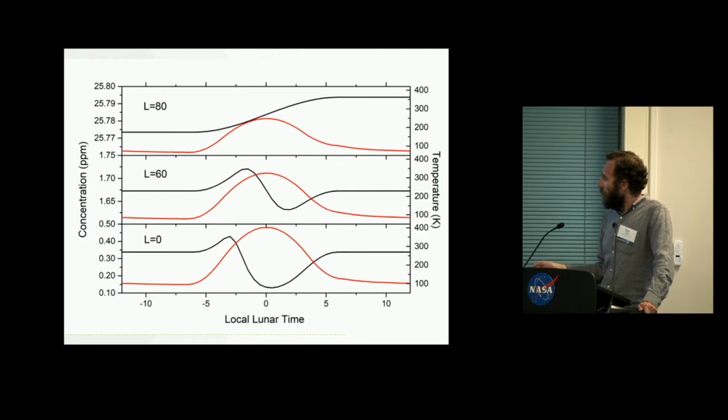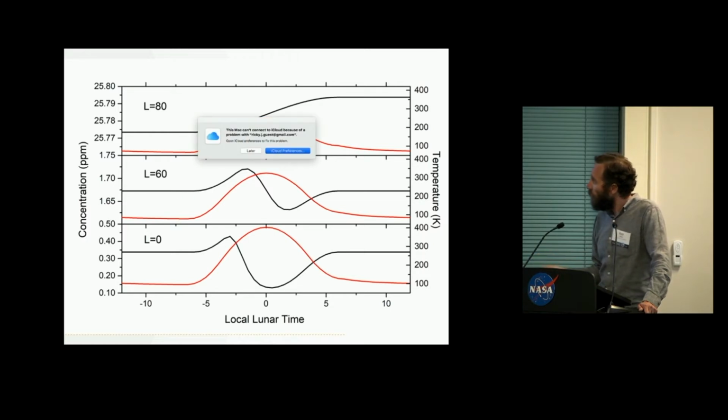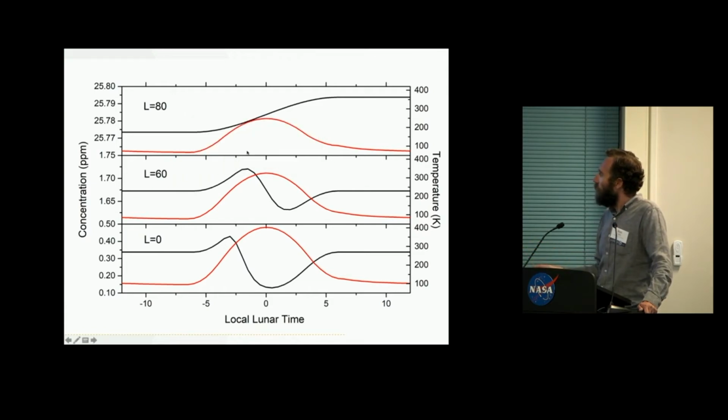Okay, so if we take a closer look at what's happening here, the black line represents the concentration as a function of lunar time at various latitudes. So we have 0, 60, and 80. The red line is just a function of temperature. So this is what I was talking about earlier, where you have sunrise, protons build up.